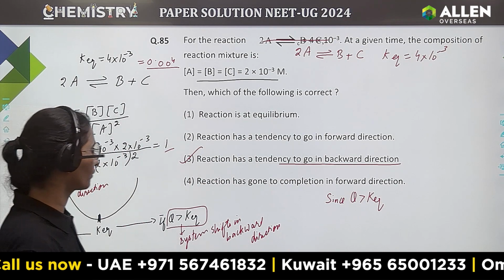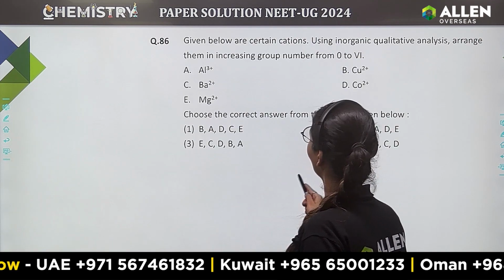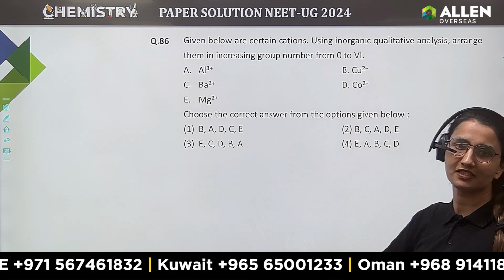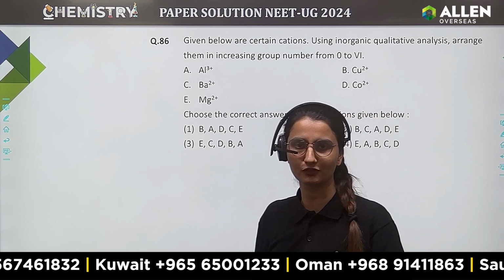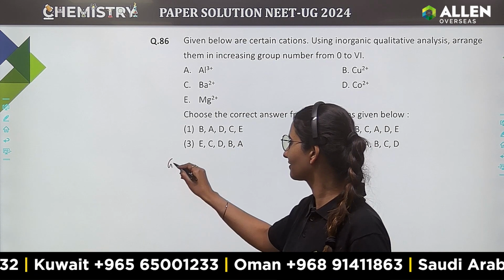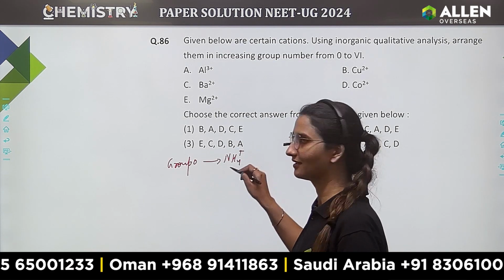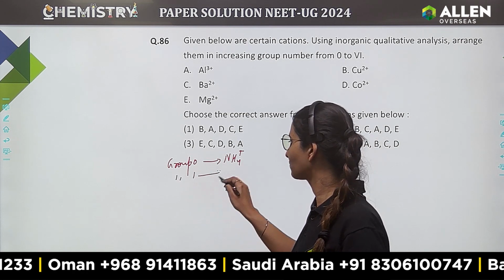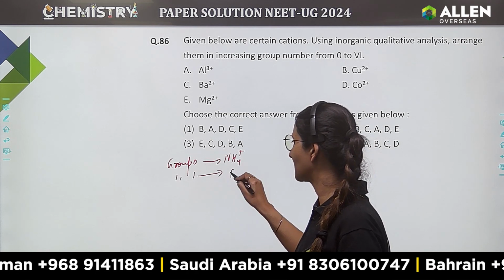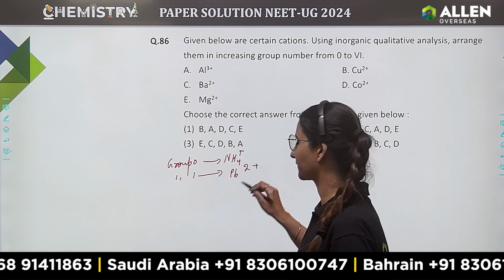Okay, proceeding then. Qualitative analysis. I'm sure you've done it in school also. You know that group 0 has only the ammonium ion. Group 1 has the Pb plus 2 ion.